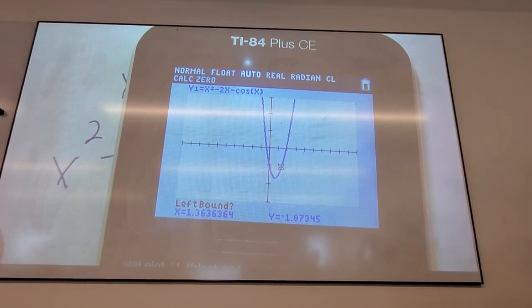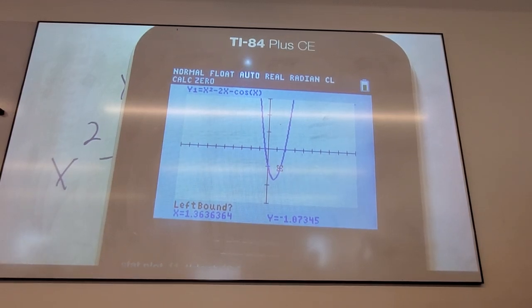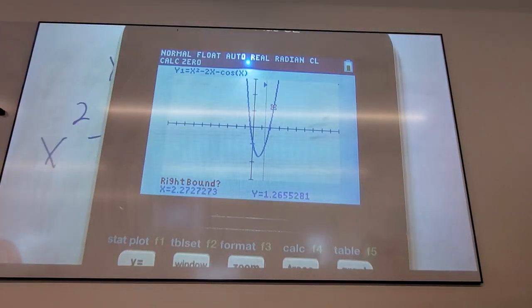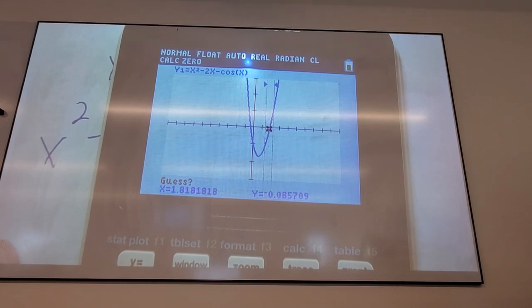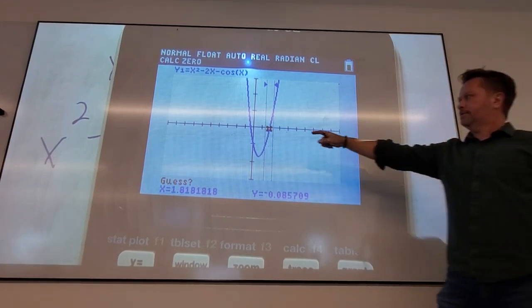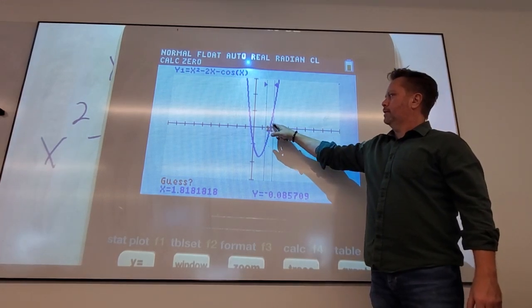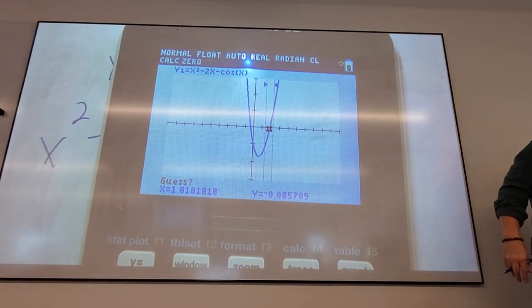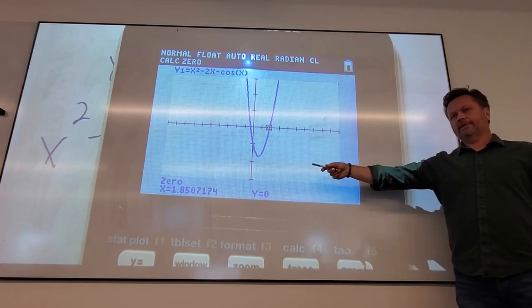That's definitely to the left of the answer now, yes? Enter. Go back to the answer. Now the question is right bound. Hit the right arrow 3 times. That's definitely to the right of the answer. And now the question is guess, so I put the cursor back as close as I can get. It's going to search in here. And then incredibly enough, it gets the exact same answer.